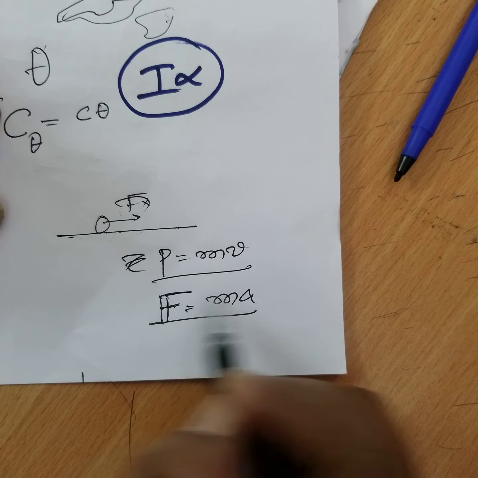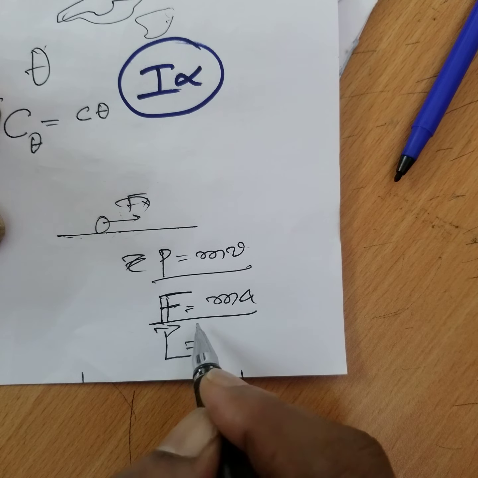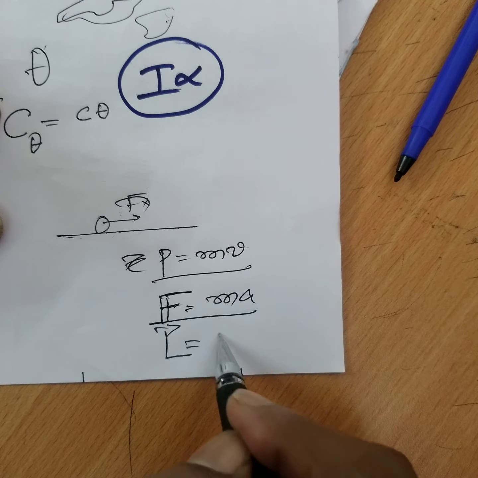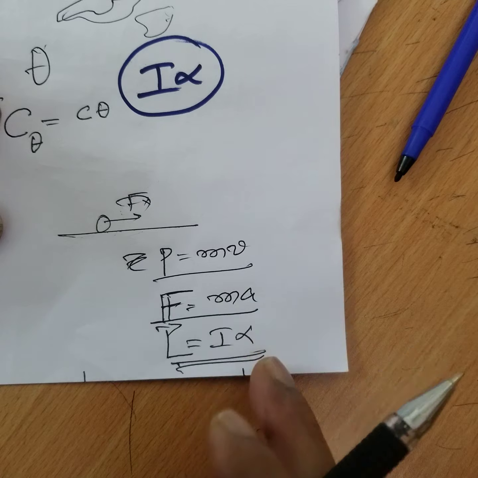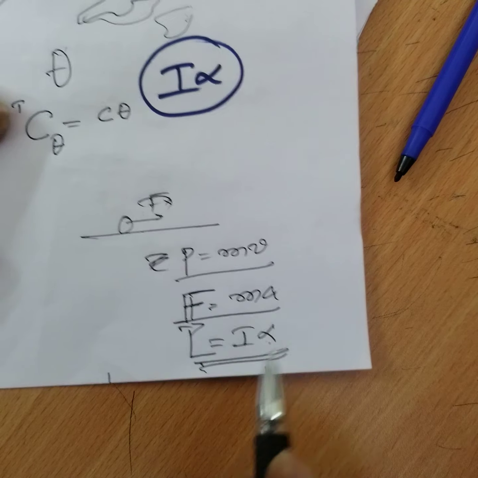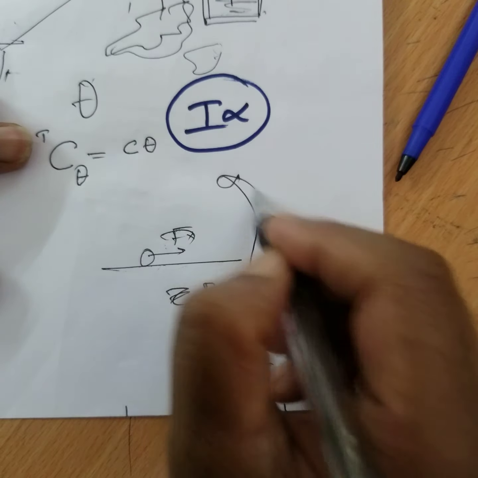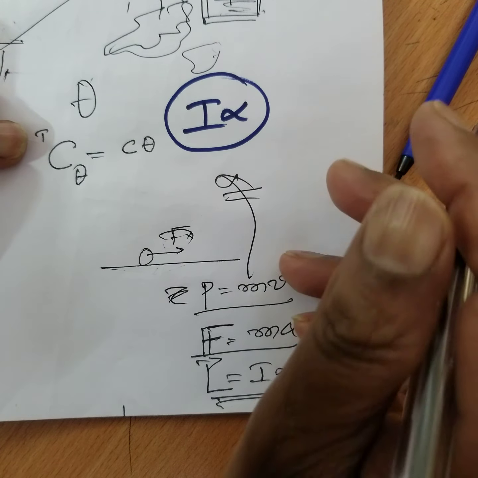This is called linear force. Angular force is called angular moment. This is called I alpha. This is the force required for the rotation. I is the moment of inertia. Alpha is the angular acceleration, which you have studied in the topic moment of inertia.